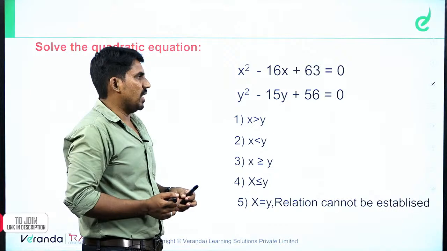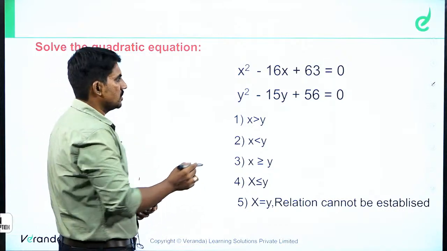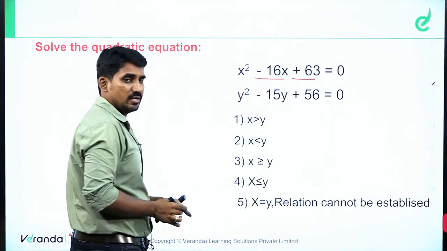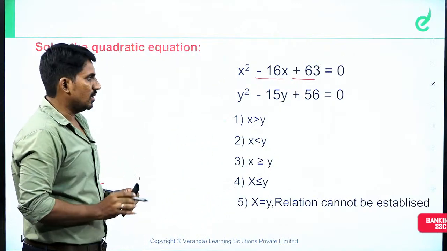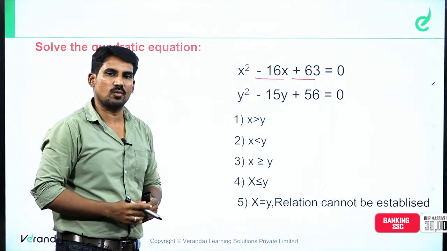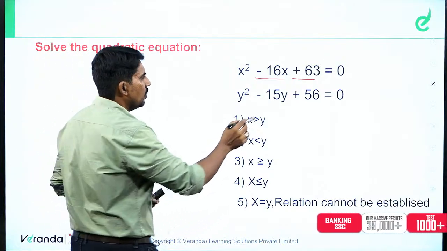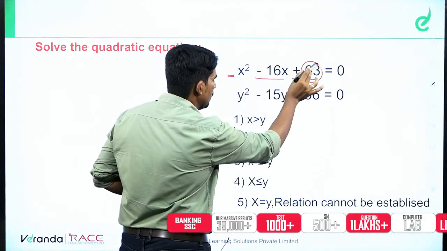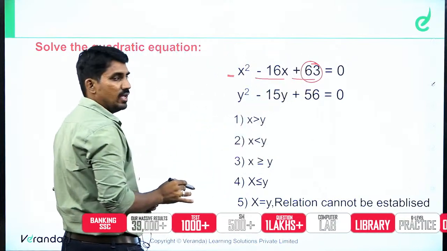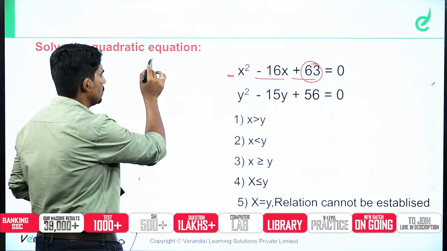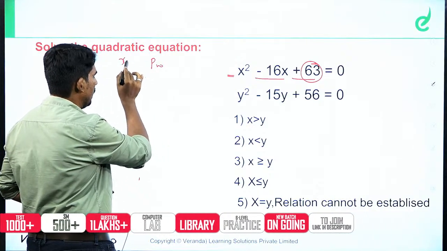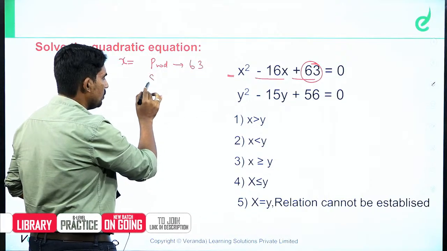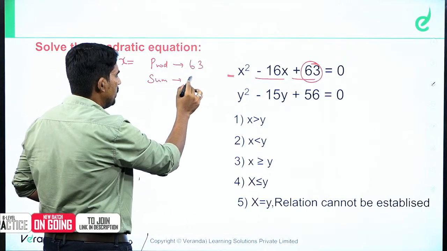So listen, minus plus. Before b the sign is minus, before c the sign is plus, therefore the roots are positive. There is no a value here, c is 63, so 63 is the product of the roots. First finding the x value: the product of the roots is 63 and the sum of the same roots should be 16.